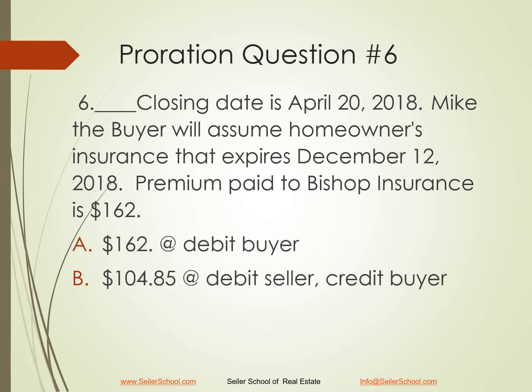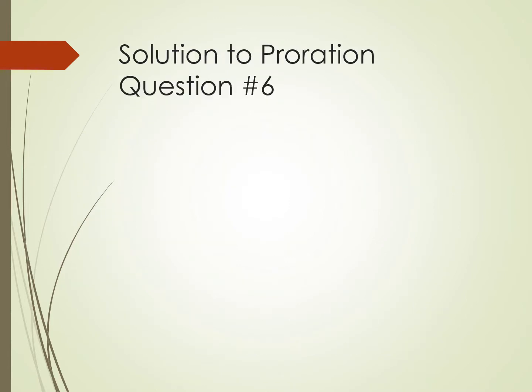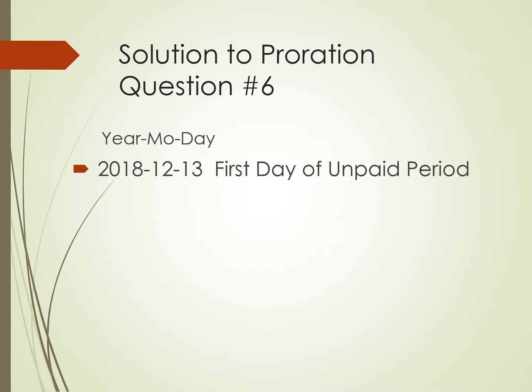Our choices, hopefully we'll be able to figure out what that is. Solution for question number 6. The first day of the unpaid period would be December 13th of 2018.